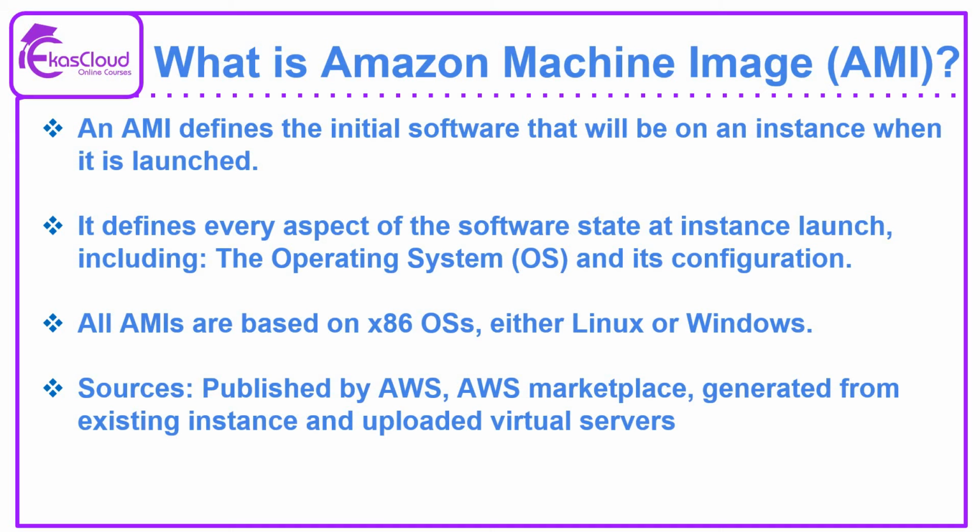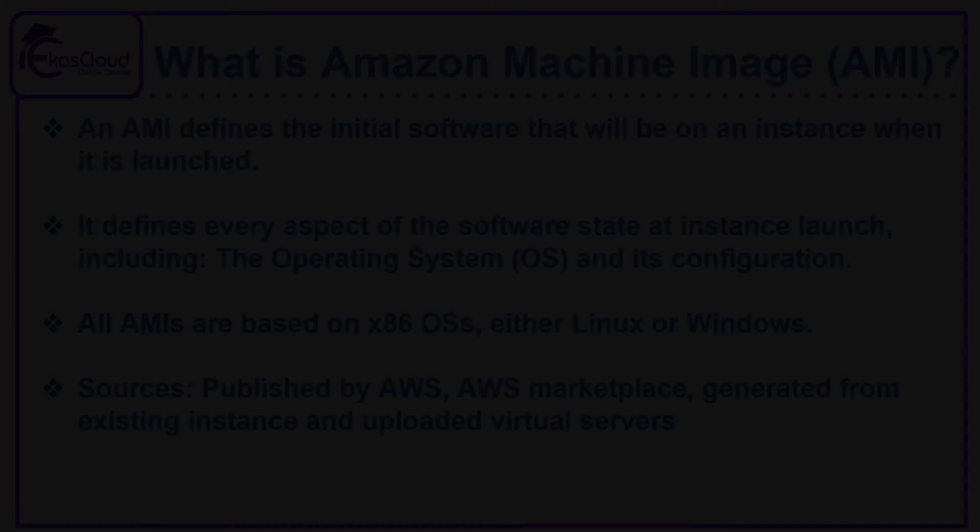Also there is the AWS Marketplace, where we've got different partners who build their AMIs and put them on the marketplace, so you can purchase that and launch that as your instance. Then the last one is the one generated from an existing instance. So you can just generate this from your previous instance and get it uploaded as your virtual server.